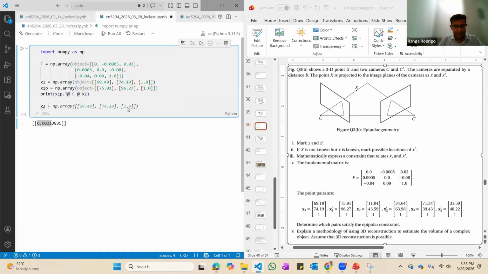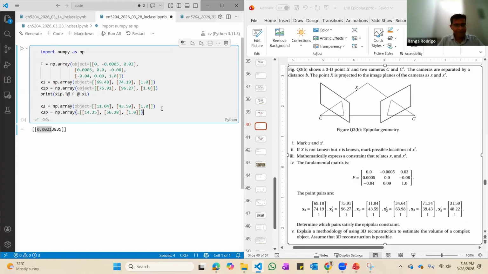X2 equals np array, and let's put these numbers in: 11.04, 43.59, and 1.